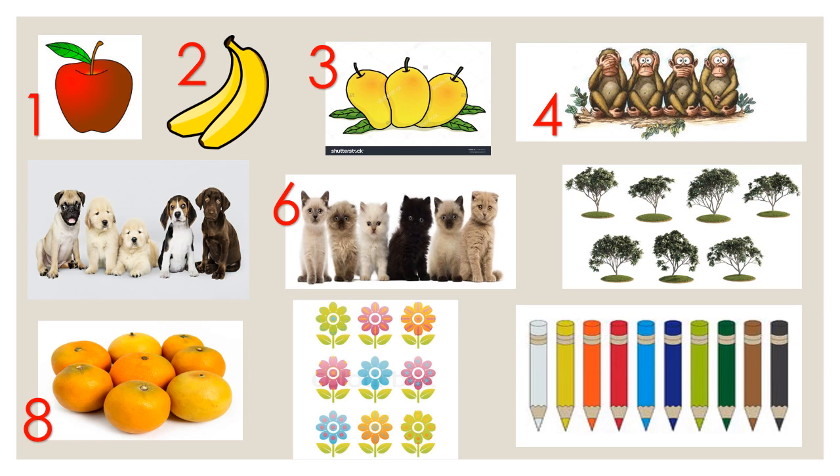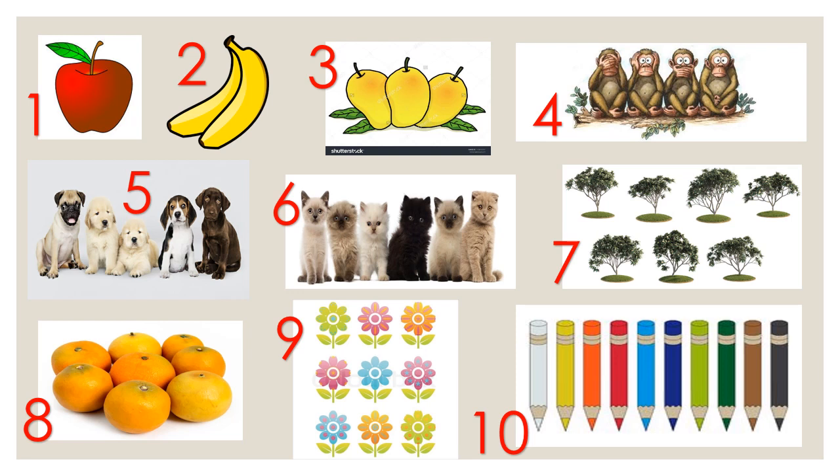How about dogs and the like? 5. How about pencils? How many do we have here? And how about trees? How about flowers? How many? Okay. So we got all these objects counted from 1 to 10.